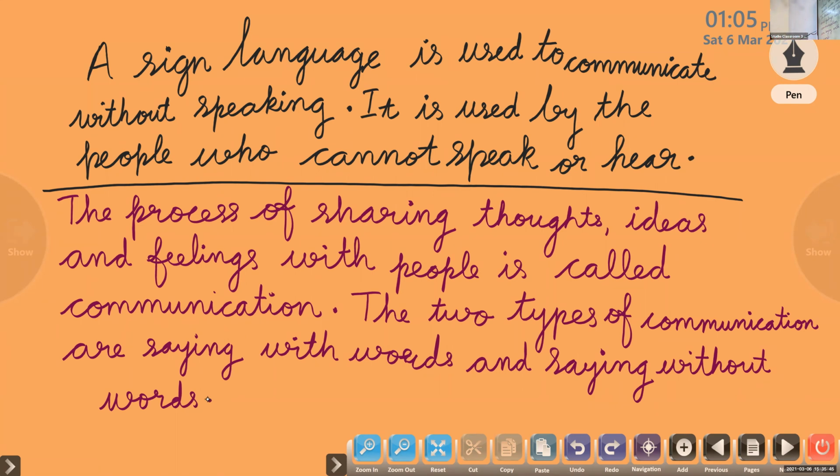The process of sharing thoughts, ideas, and feelings with people is called communication. The two types of communication are saying with the words and saying without words.